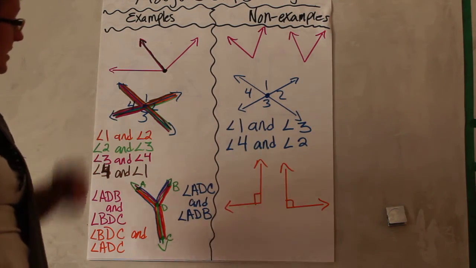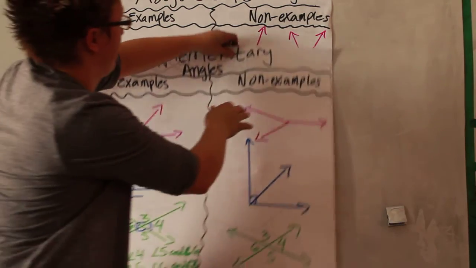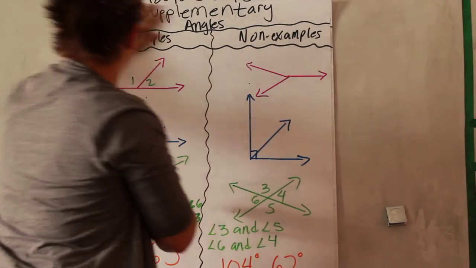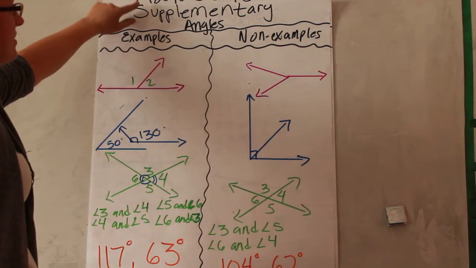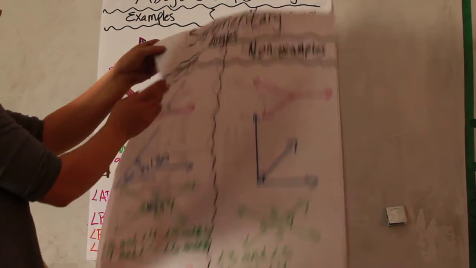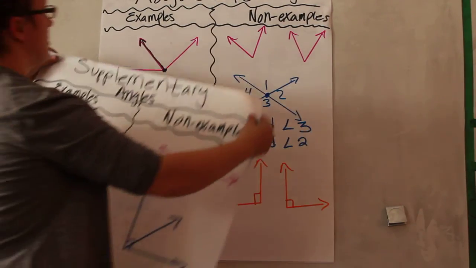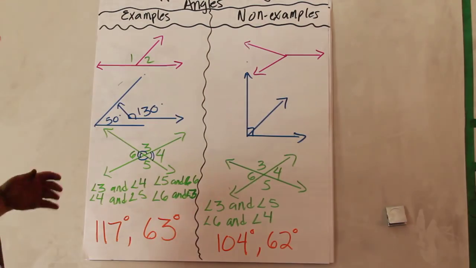They share a line, they share a vertex. Right here, if we look at our first example, it shares a line, shares a vertex. We could have supplementary adjacent angles. So some of them do overlap, and that is okay. They could have more than one name.